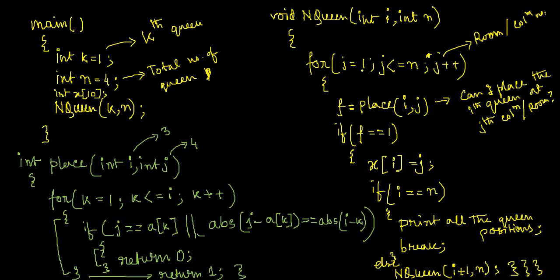Now for j equal to 1 to n, that means 1 to 4, can I place the ith queen in jth position? That means the first queen in the first position. It will come here. And you see, for the first queen in the first position, k will start from 1.